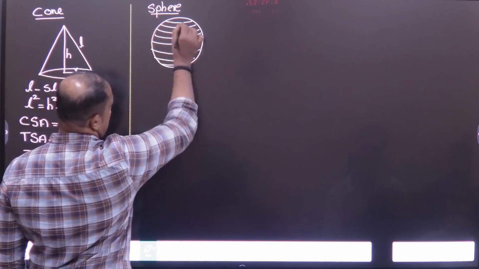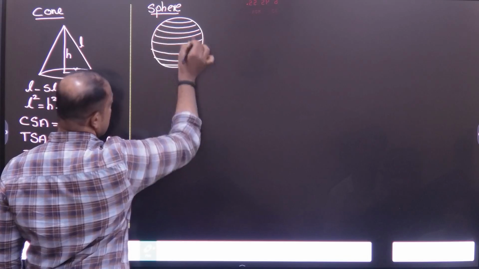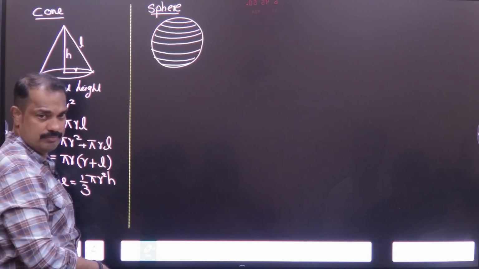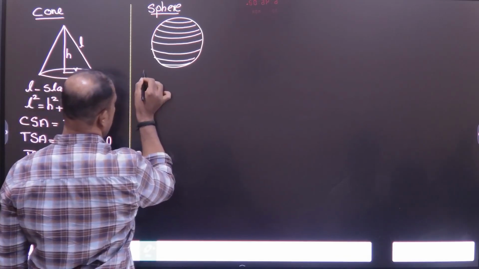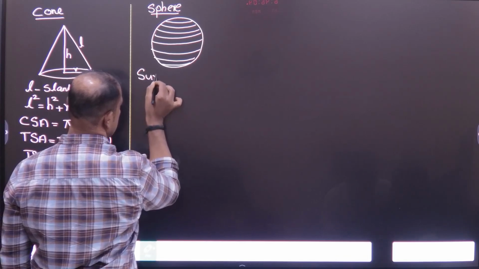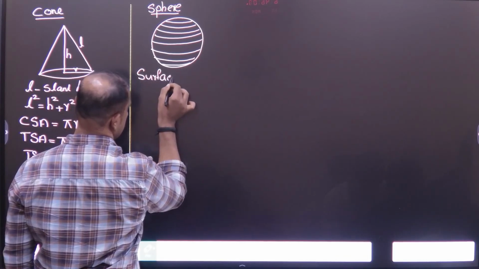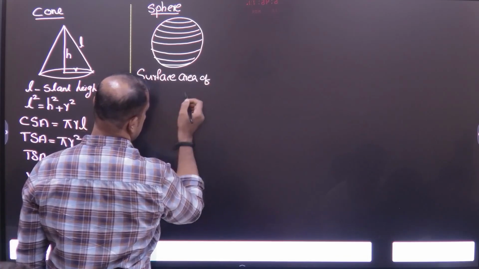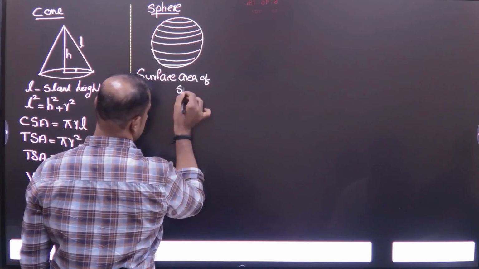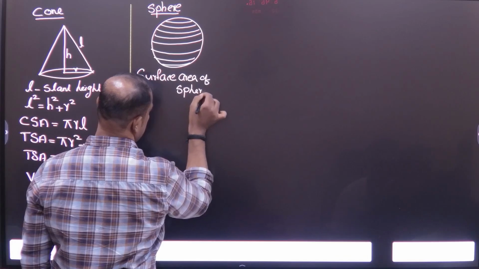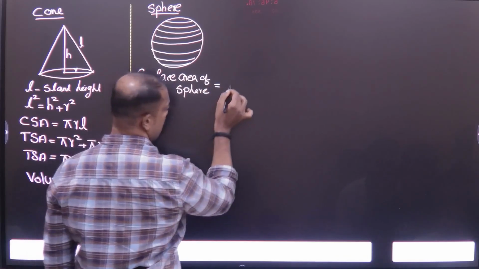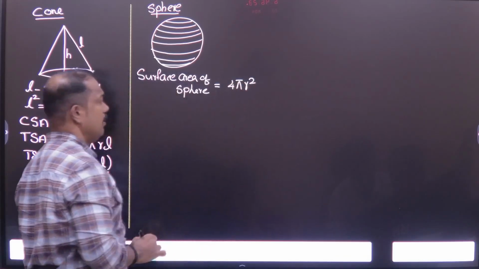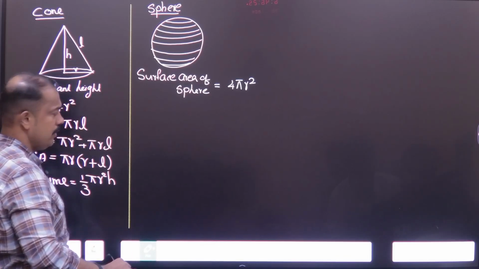इसमें CSA से TSA से कुछ अलग नहीं है, दोनों एक ही होते हैं. So the surface area of the sphere is equal to 4 pi r square.